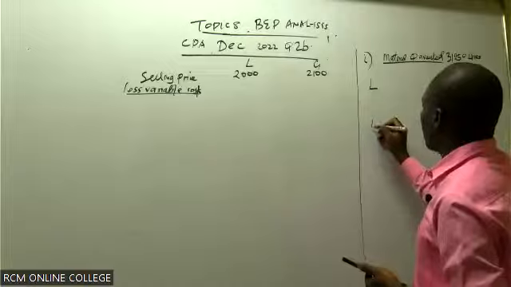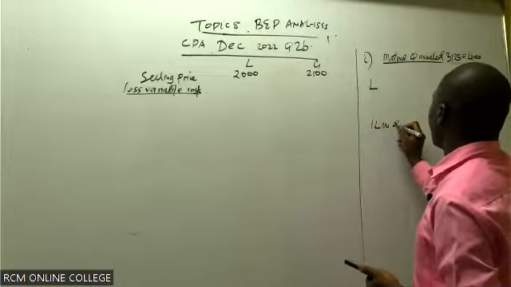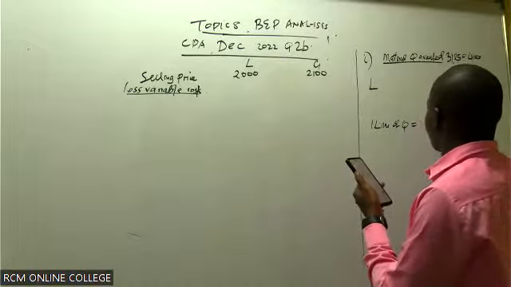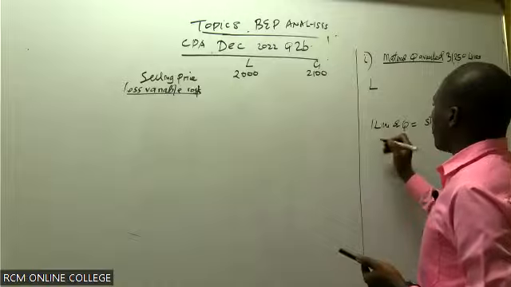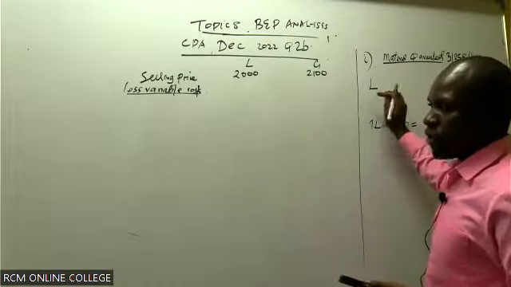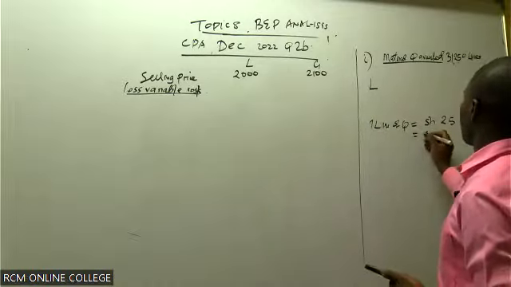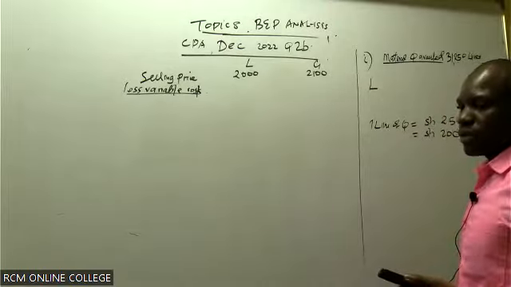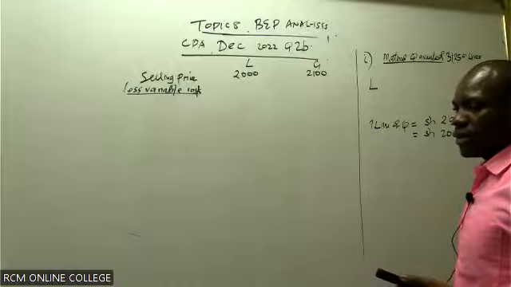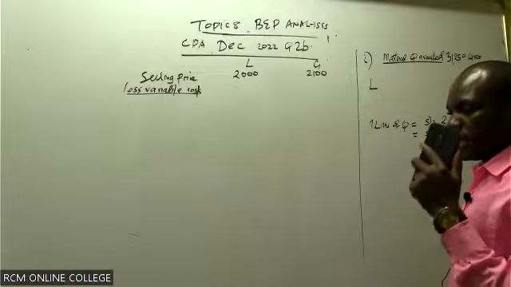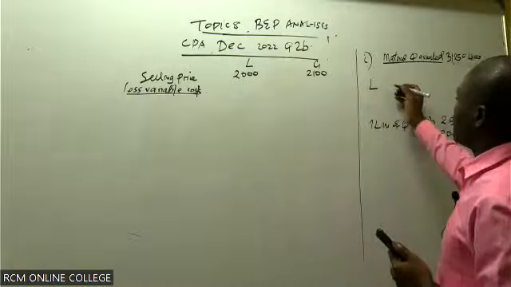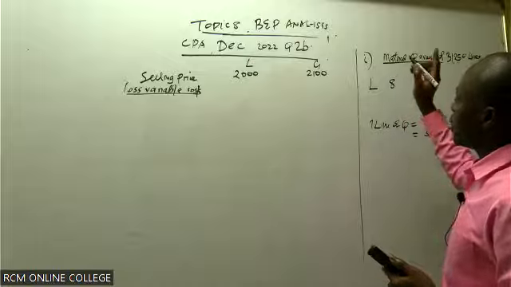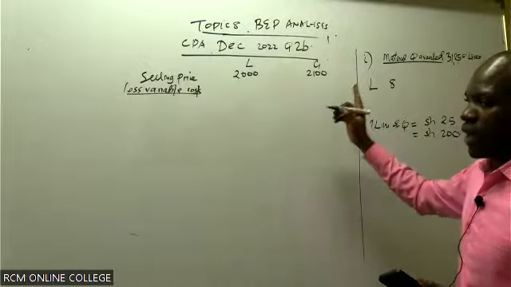So material Q, 1 liter of Q is equivalent to shillings 25. So tumepewa 25 hapo. Then we are told that for them to produce 1 unit of L, the company spent shillings 200. Sasa, how many liters did they use? 8 liters. That is what we need. We need 8 liters of material Q to produce 1 unit of L.